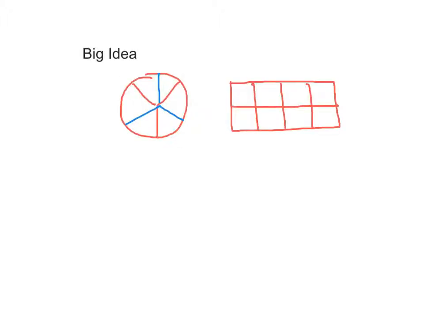Another big idea is that fractions can name parts of a whole object. So, assuming that these are equal, if we had 1, we would say we had 1 out of the total 1, 2, 3, 4, 5, 6. So we would read that as 1/6.